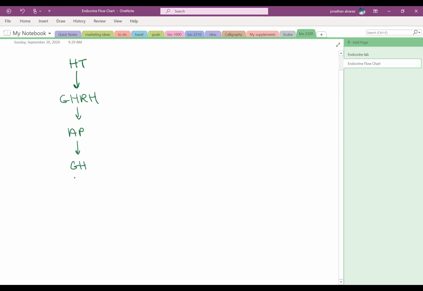And growth hormone will go to tissue to promote growth.